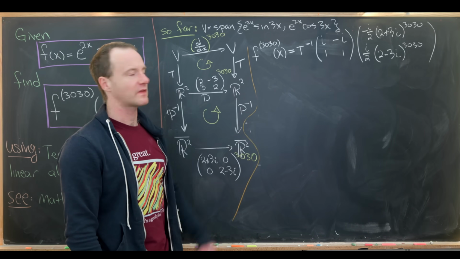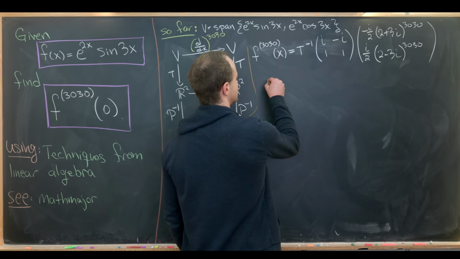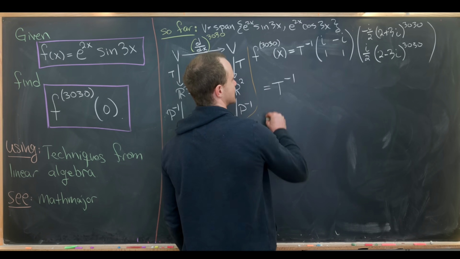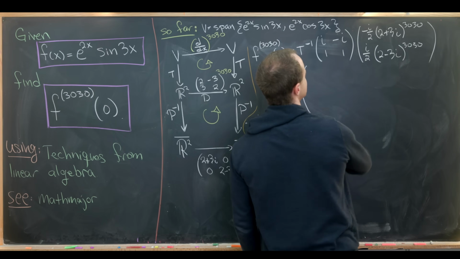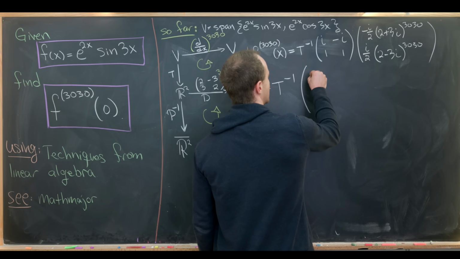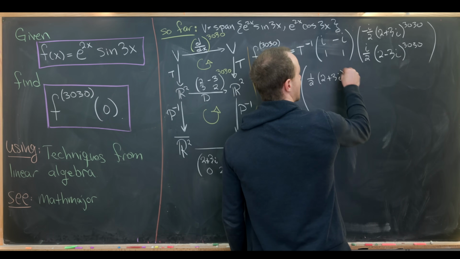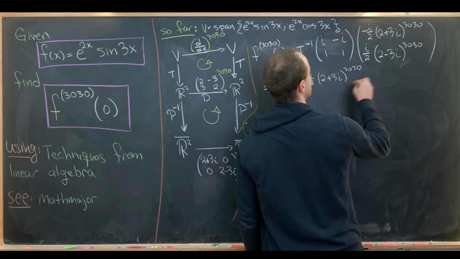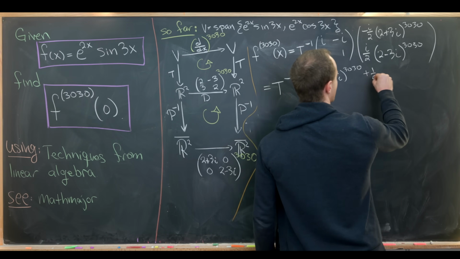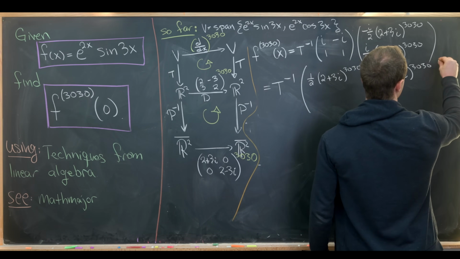Okay, so this is where we left off in the last board. Now let's do this next matrix vector multiplication. So we still have a T inverse term, and then this will give us something like, let's see, i times negative i is 1, so we'll have 1/2 (2 plus 3i) to the 3030, and then plus another half (2 minus 3i) to the 3030.